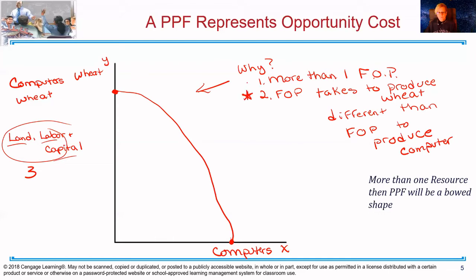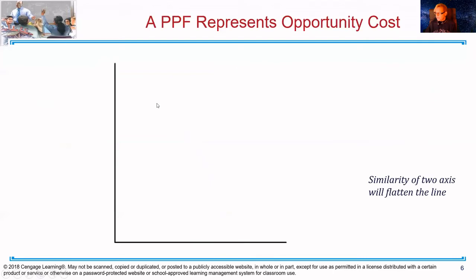We're measuring more than one factor of production, and the factors of production change as we move our business from producing computers to wheat and wheat to computers. Now, what if I had wheat on the y-axis and let's use something similar.